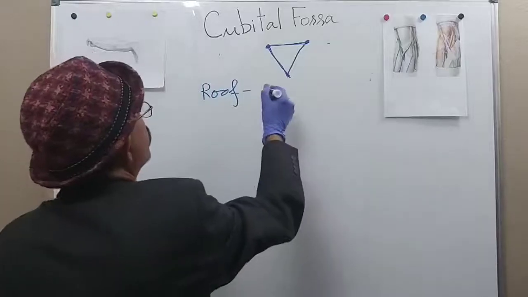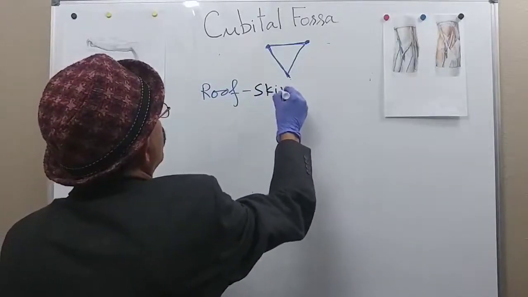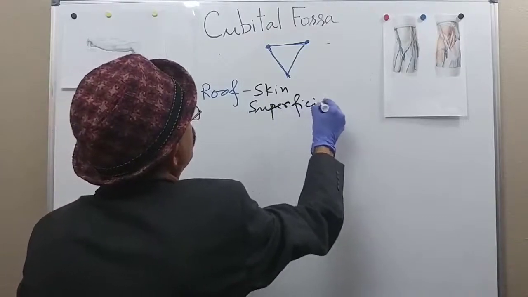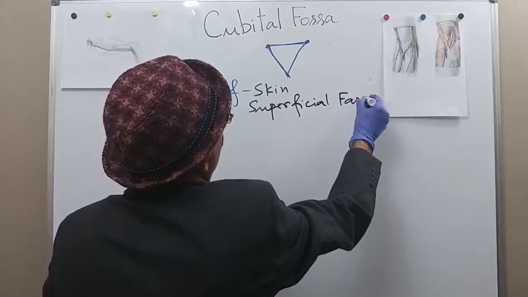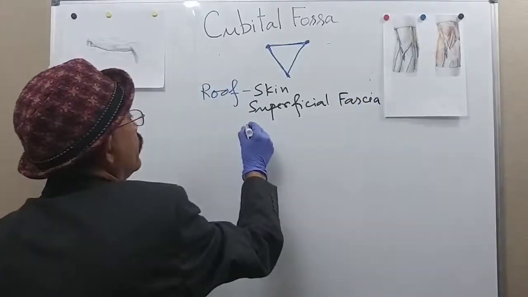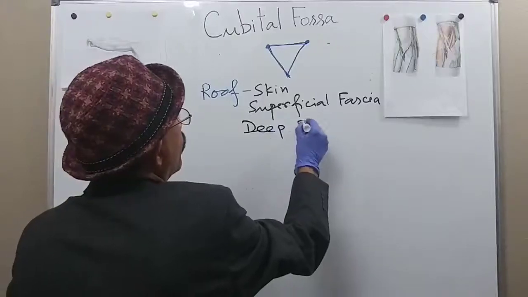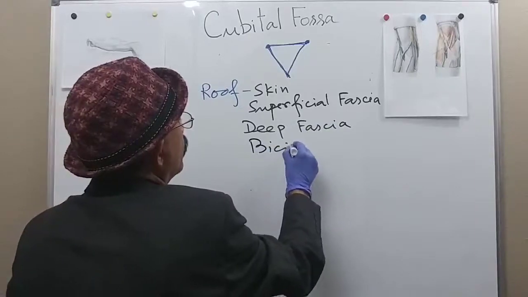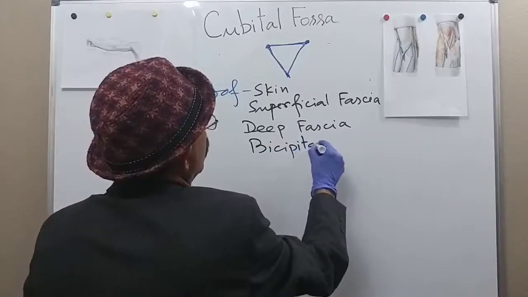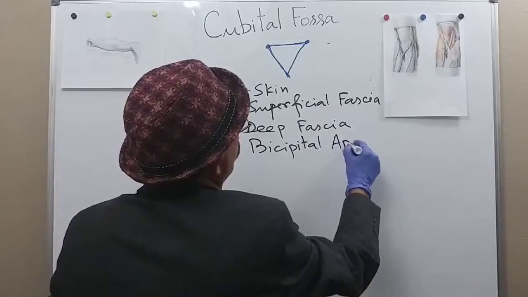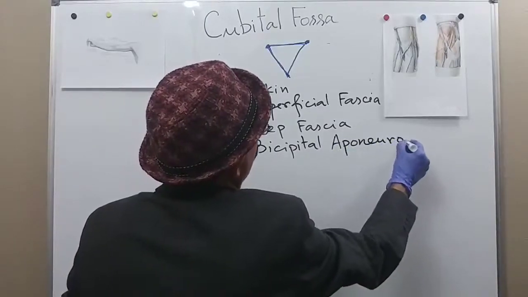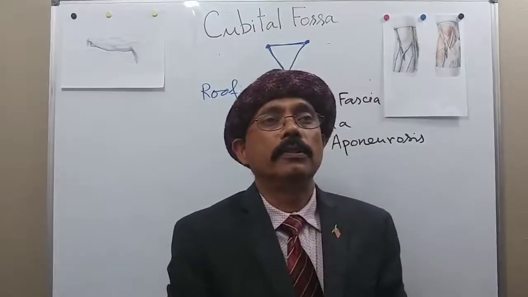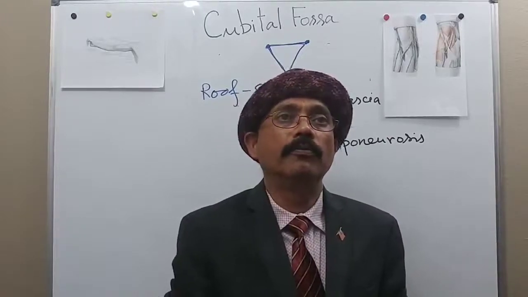So the roof is formed by the skin, superficial fascia, deep fascia, and bicipital aponeurosis. Okay, we got the roof. So we got the boundary, we got the roof.